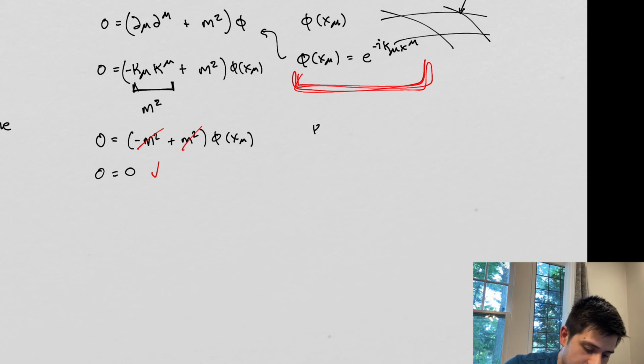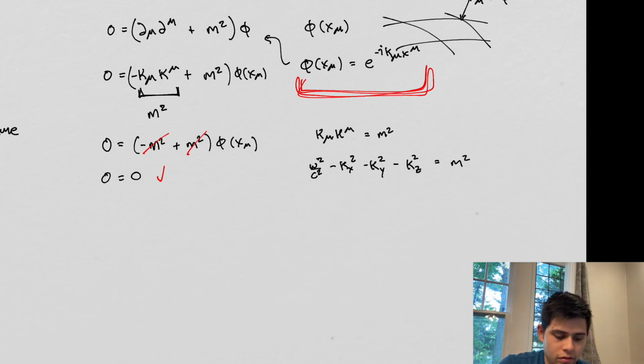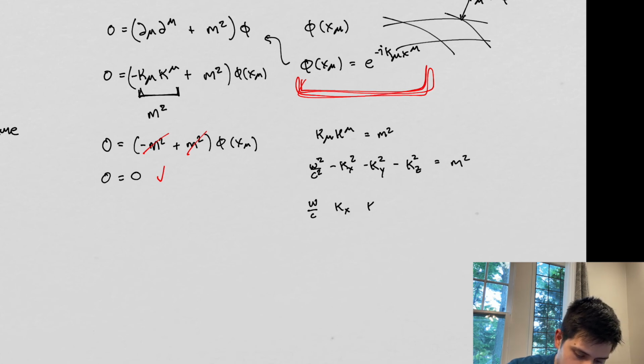The stipulation again is that k mu k mu equals m squared, right? So this means that omega squared over c squared minus kx squared minus ky squared minus kz squared equals m squared, right? Because we're doing this multiplication: omega over c, kx, ky, kz.